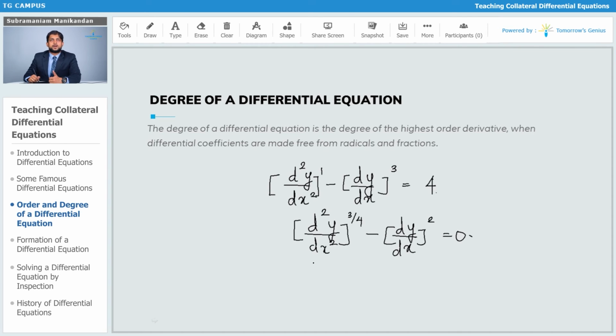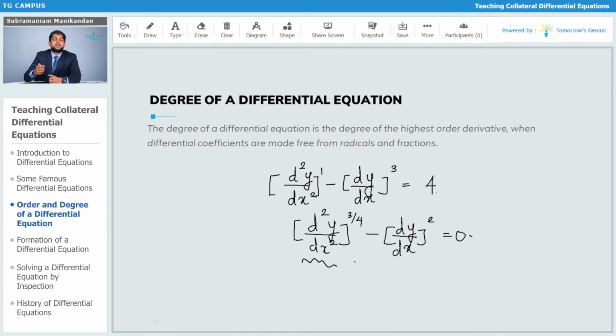Again, here the highest order derivative is this, and therefore the order of this differential equation is still 2. But then the degree cannot be stated to be 3 by 4. Why? Because the degree should not be a fractional number.